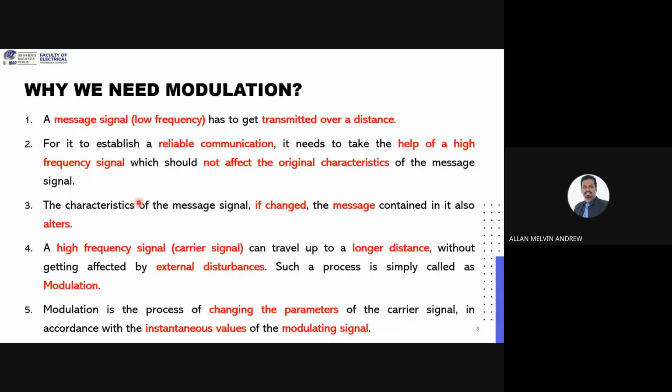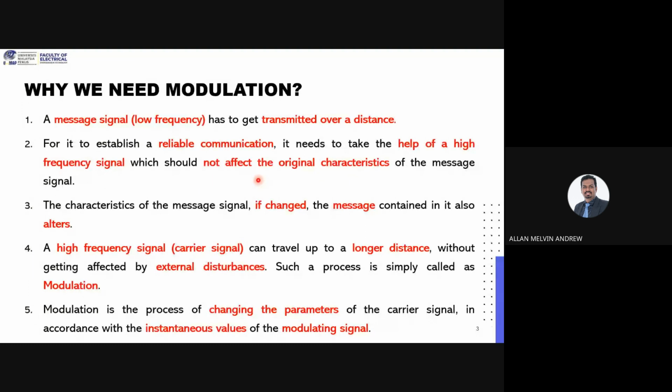Meaning, in order for you to pass your message signal, which is a low frequency signal, we need to attach it together with the high frequency signal, which can travel a long distance. And the high frequency signal must not affect the original characteristic.